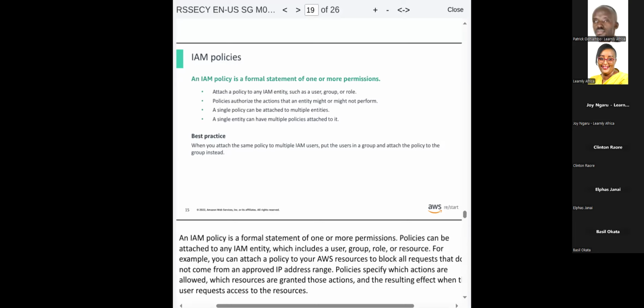For example, if I create a policy that says Naboth can access Sandra, where Naboth is allowed to text Sandra, and then I give an explicit deny, I say Musembi has an explicit deny to text Sandra.